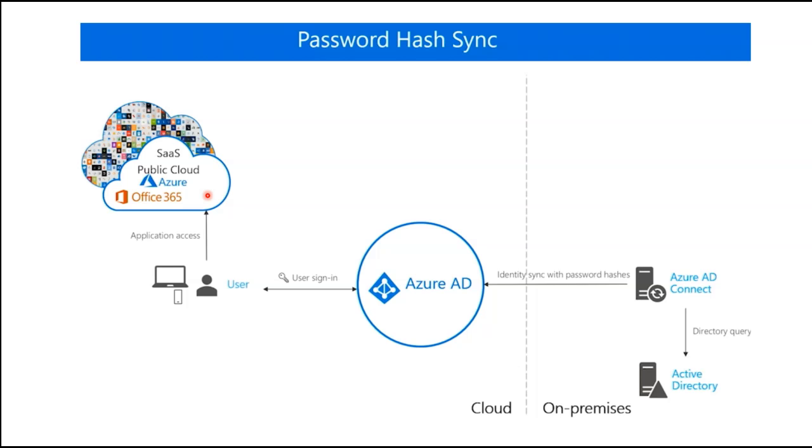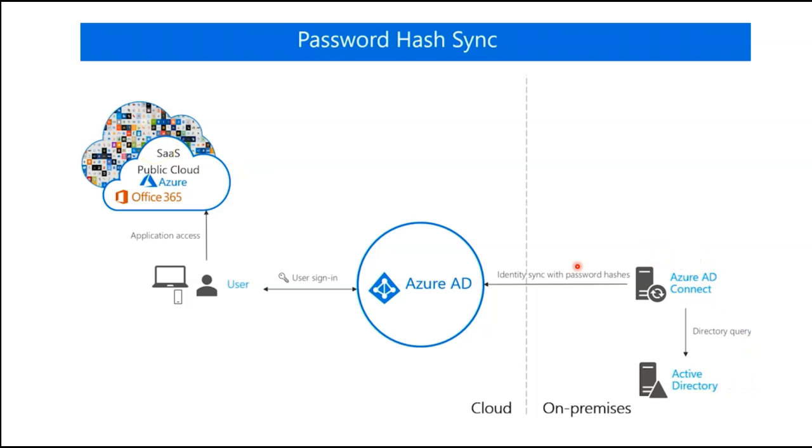So it is important that Fabricam factory workers use the same usernames and passwords that they use today within their on-premises Active Directory to sign in to Workday and Office 365 applications, so that they use the same thing and it means more productivity.